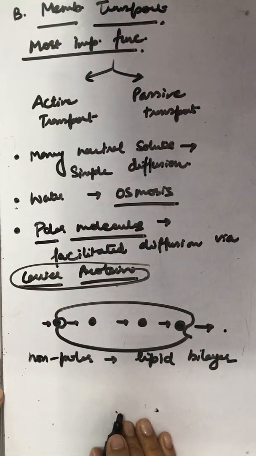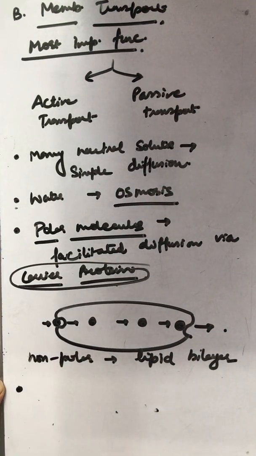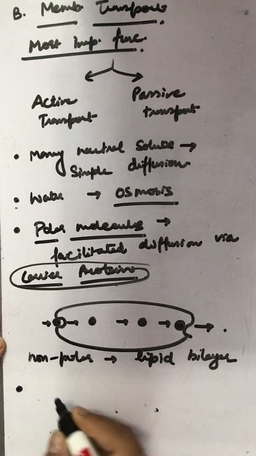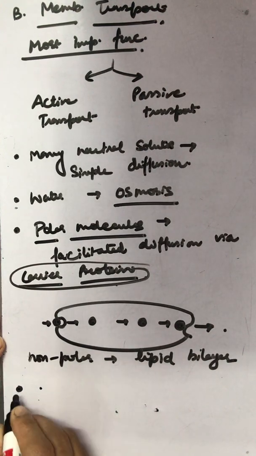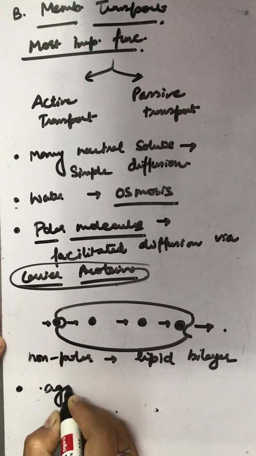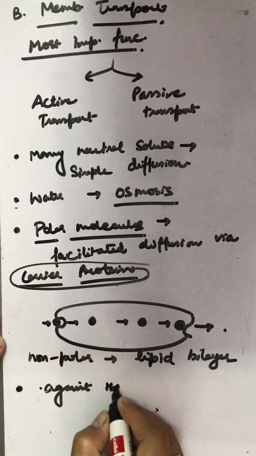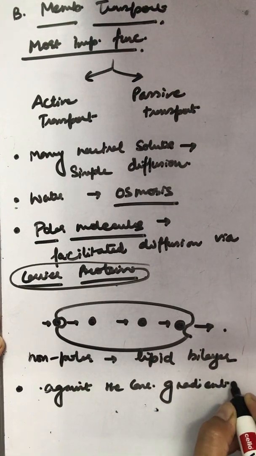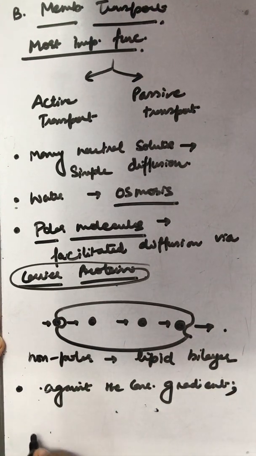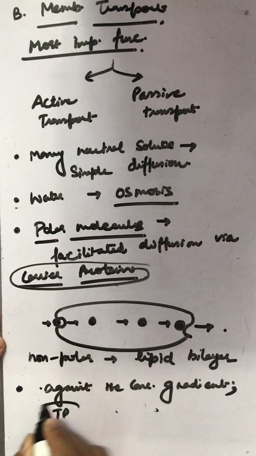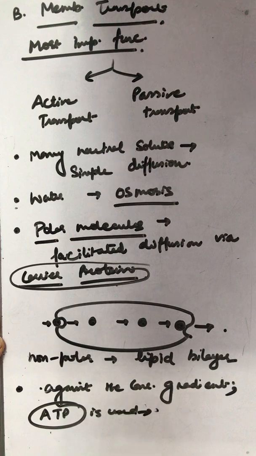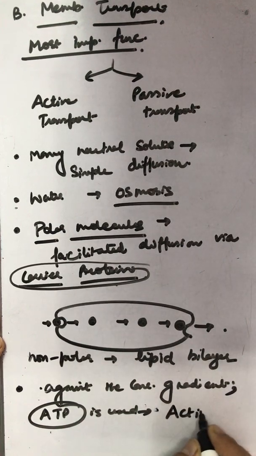And there are a few more ions and molecules that are transported against the concentration gradient. Whenever any molecule has to pass across against the concentration gradient, it means it requires energy. That energy is in the form of ATP. This ATP is used, and ultimately this process is known as active transport.